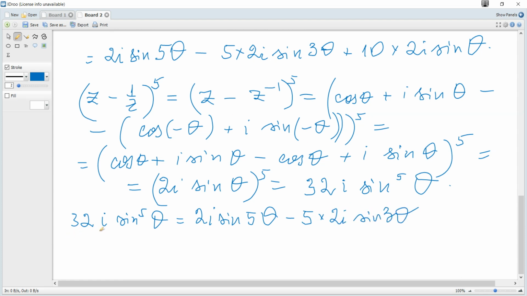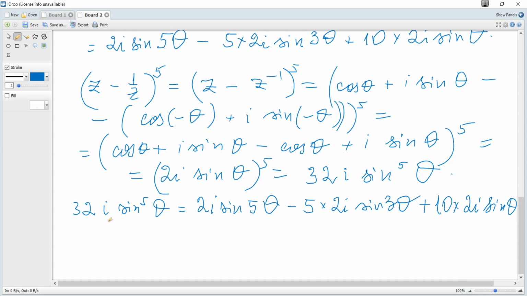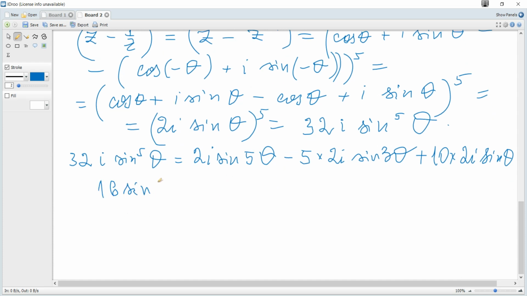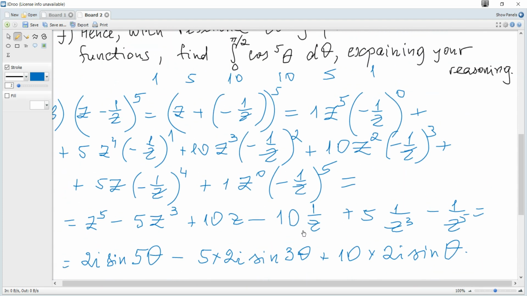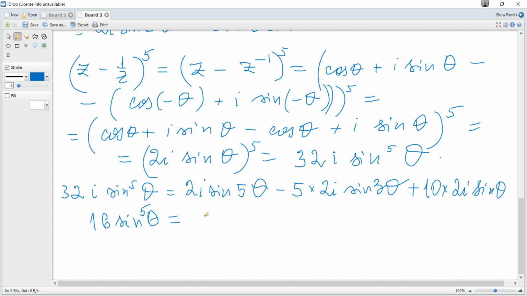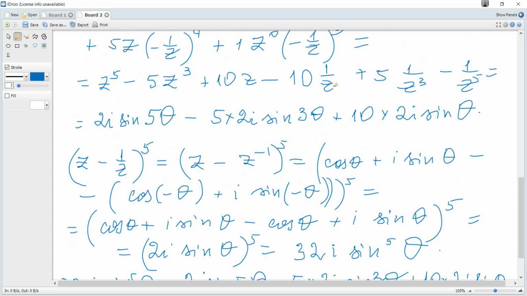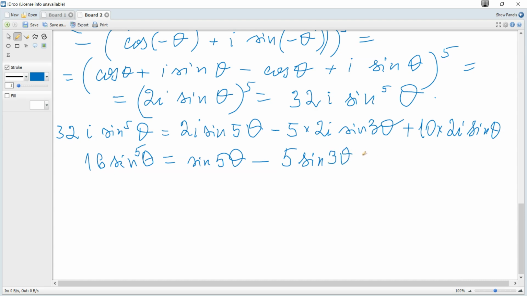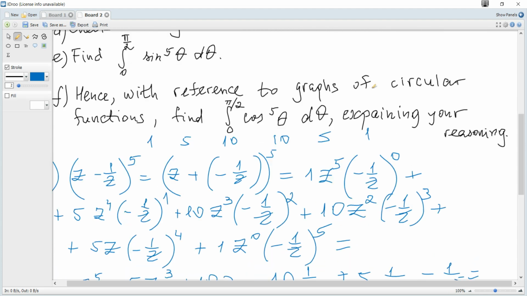I don't multiply because I can see that I can divide by 2, and plus 2 times 2i sine of theta, and you can see that we can divide each term by 2i to get 16 times sine of theta to the power of 5 is equal to sine of 5 theta minus 5 sine of 3 theta, yes, 5 sine of 3 theta, and plus 10, yes, 10 sine of theta.